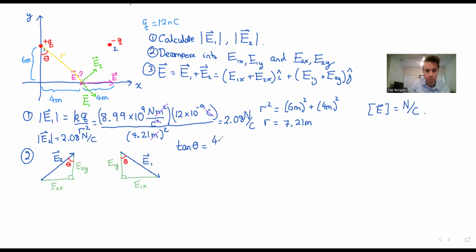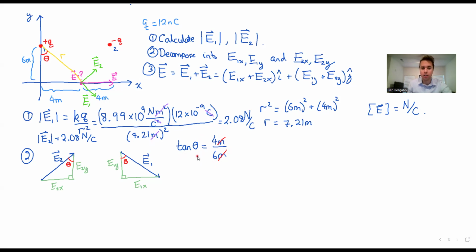We're going to get 4 meters is the opposite and 6 meters is the adjacent. So notice that the meters cancel, which is good, right? SOHCAHTOA should always give you a ratio of something that cancels the units on the other side.